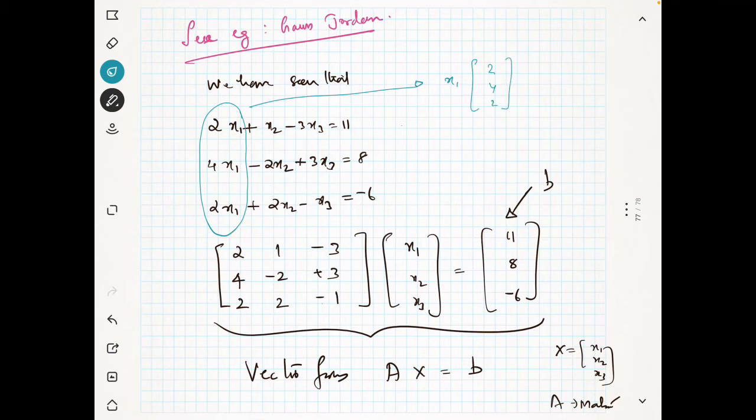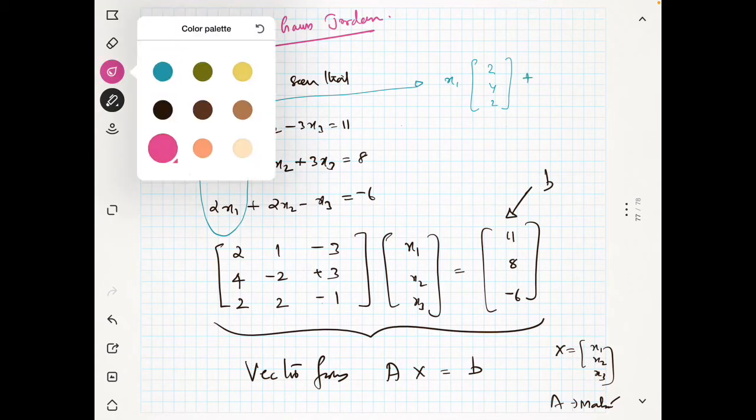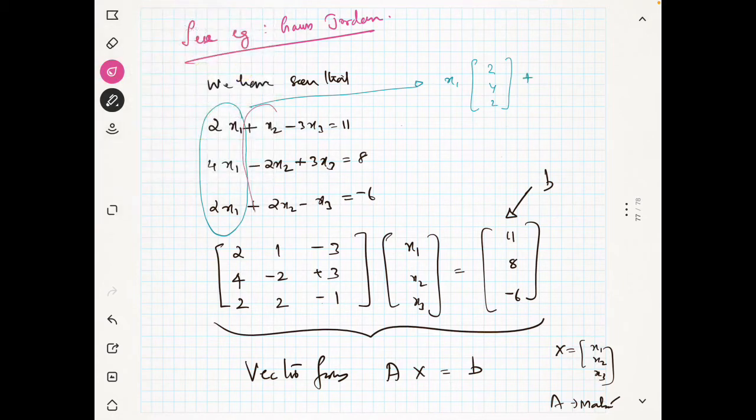Then I can write the second part. You see, the second part of this one, I can take x2 as common, so I can write it as 1, minus 2 and plus 2, right? Plus, then here you see what is common here. It is nothing but x3, so it is minus 3, 3, minus 1.